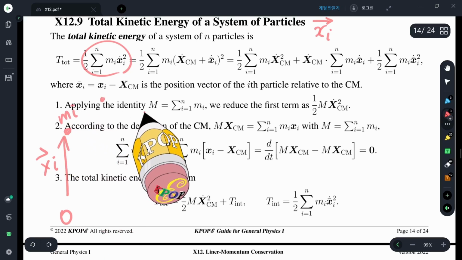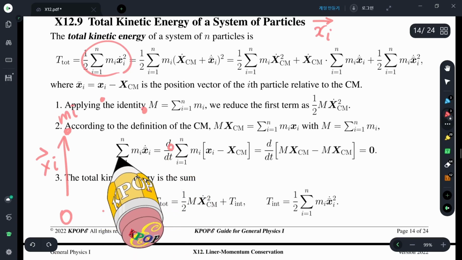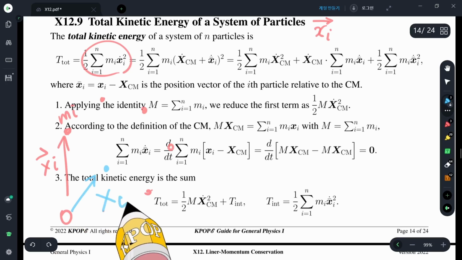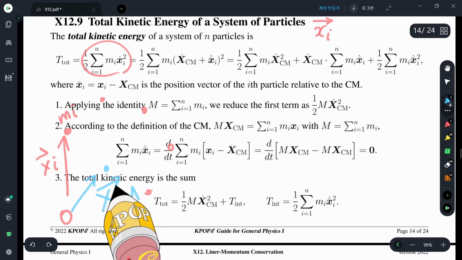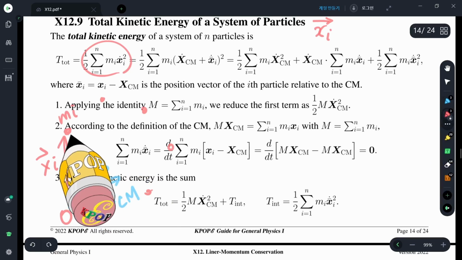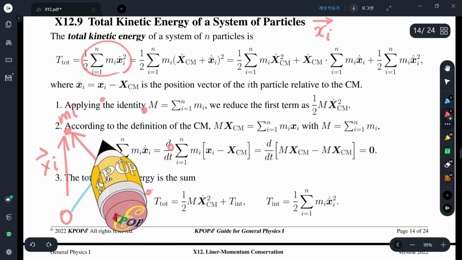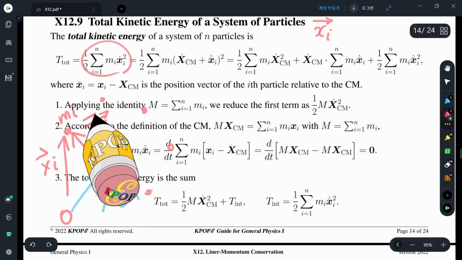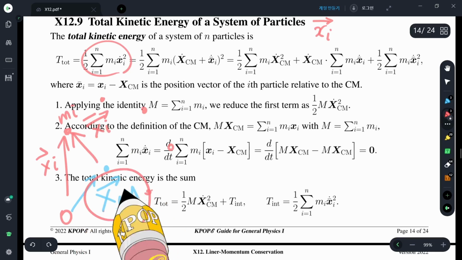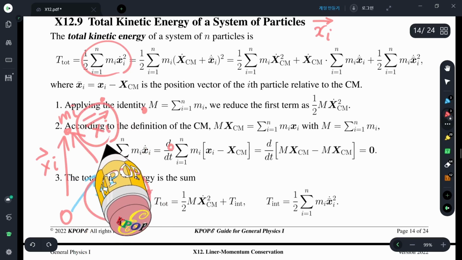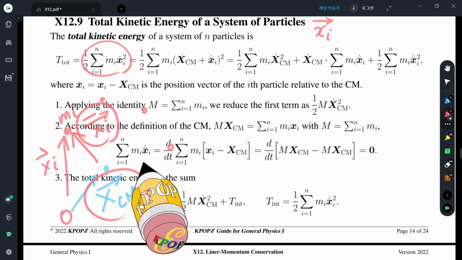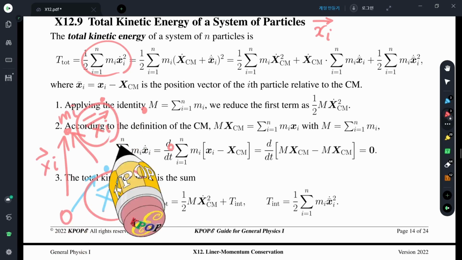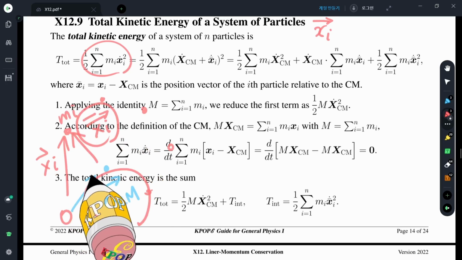If there are many particles, there should be some center of mass. We say this is the xcm vector. And we define the relative position of the ith particle relative to the center of mass to be xi bar. Then this one shows the position vector.